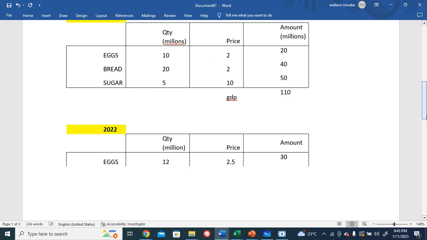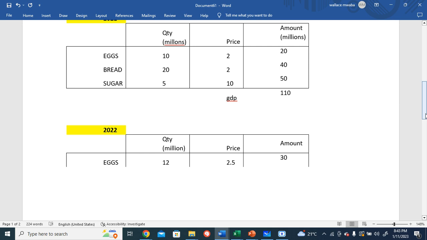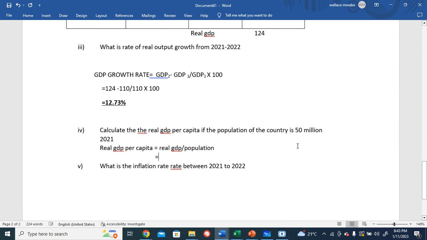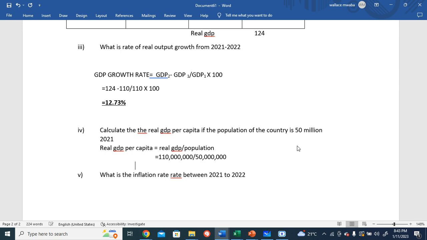For 2021, our real and nominal GDP is 110 million kwacha. So we're going to take 110 million kwacha divided by 50 million, which is the population.